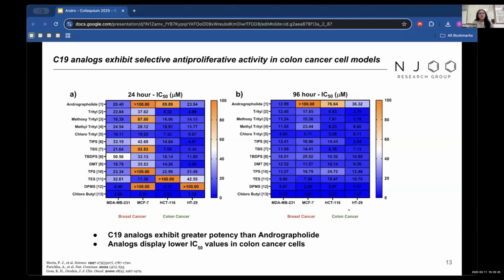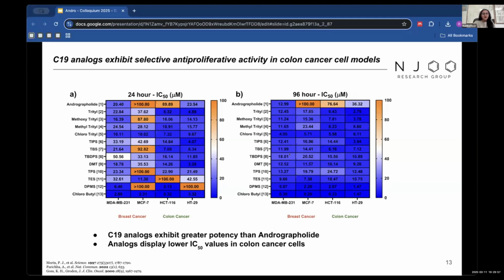Just to highlight a few takeaways from this experiment: the majority of these analogs were generally more potent than the parent compound andrographolide across both time points and the 4 cell lines. Amongst the 4 trityl analogs that we synthesized, compound 5 with the chlorine substitution was much more potent than the other 3.